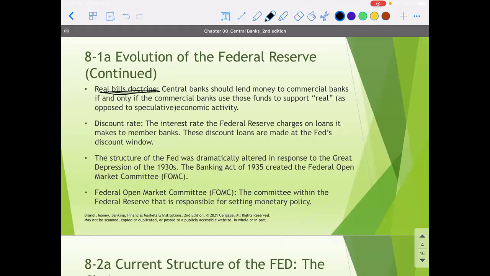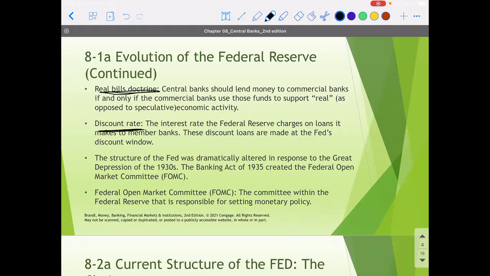Commercial banks are not going to be allowed to just borrow money and then invest in a loan portfolio for speculative profit making purposes. The real bills doctrine ensures that the commercial bank is only going to ask for a loan if it absolutely needs it. Now, if you have to borrow from the Federal Reserve, you have to pay an interest rate. That interest rate, as we know, is called a discount rate.